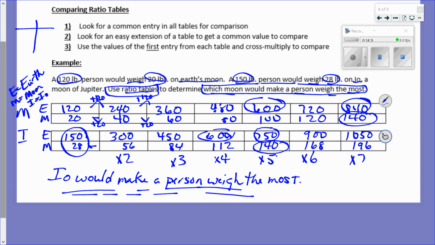I like your thought process, and I'll be honest, you're on the right track. You're just missing the crux of it. Anybody help her out? Why is it that I can say the guy who's 750 actually weighs more on Io than the guy that weighs 840?